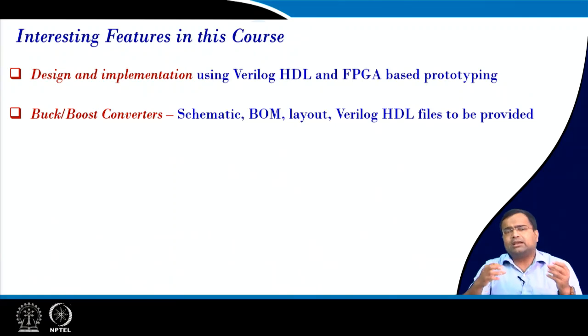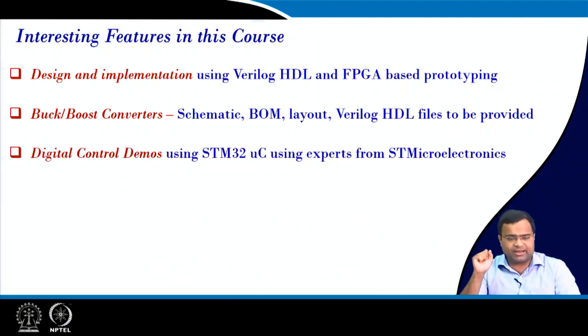We are using an off the shelf, commercial FPGA kit, a Xilinx FPGA. The part number we will also provide, so that if somebody is interested to validate, you can do it. But again, this hardware implementation is not part of the assessment in the exam. These files will be provided along with our Verilog HDL programming file.